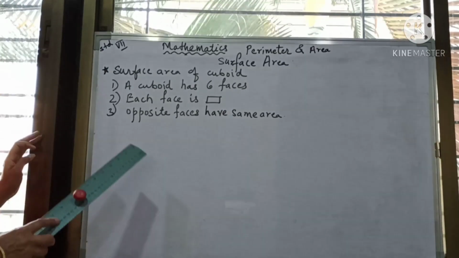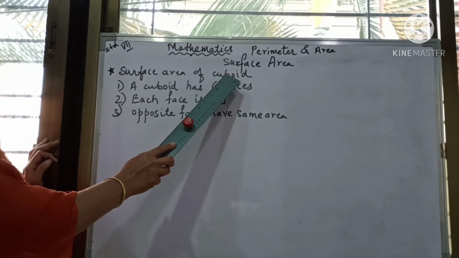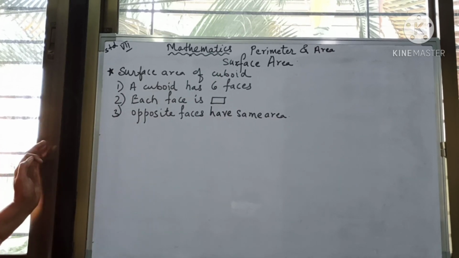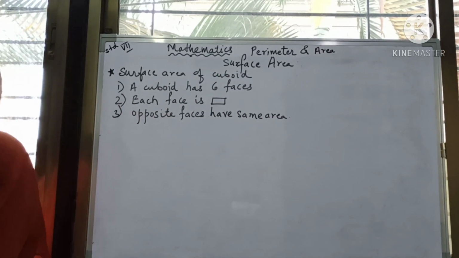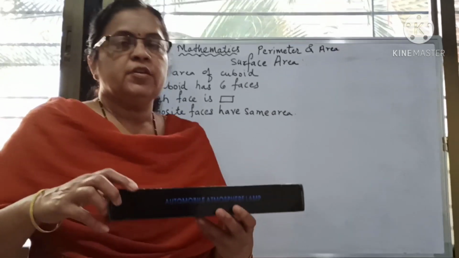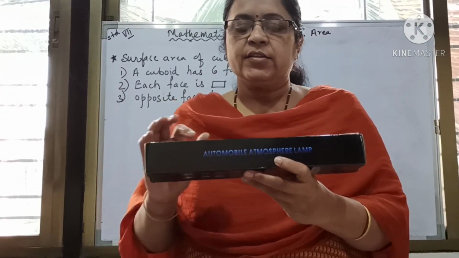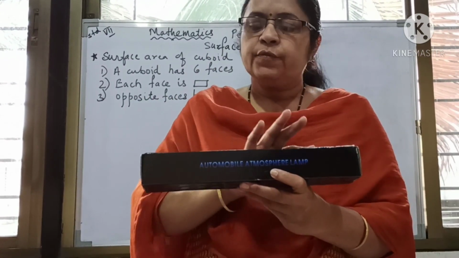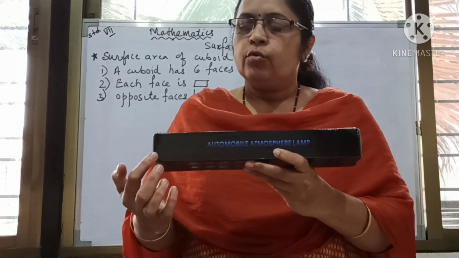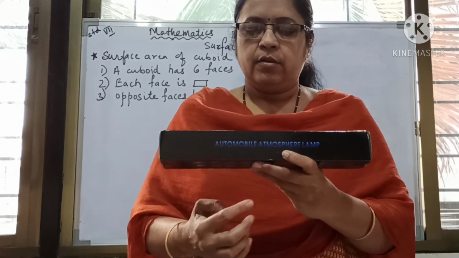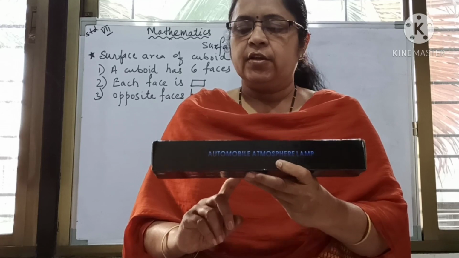Now the next part, surface area of the cuboid. I think you have seen the cuboid. Now observe this cuboid. It has 6 faces. Each face is a rectangle. You can observe this is a rectangle. Its opposite face is a rectangle.